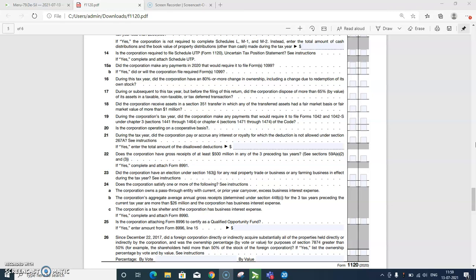Coming to question 24. Generally, a taxpayer with a trade or business must file Form 8990 to claim a deduction for business interest. In addition, Form 8990 must be filed by any taxpayer that owns an interest in a partnership with current or prior year carryover excess business interest expense allocated from the partnership.